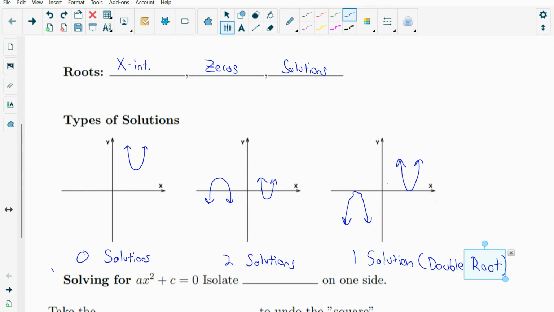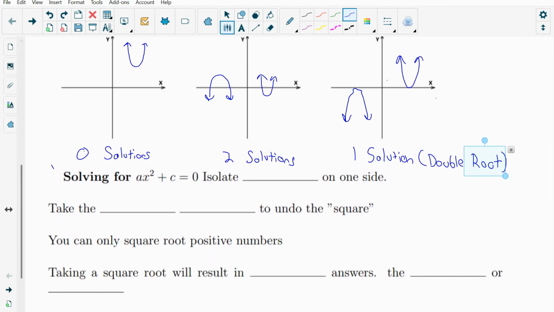So when solving for zeros, or ax squared plus c, where b would equal 0, that means that we would want to isolate our x squared on one side of our equation. Then we would take the square root to undo the square. This would give us our 2 solutions.